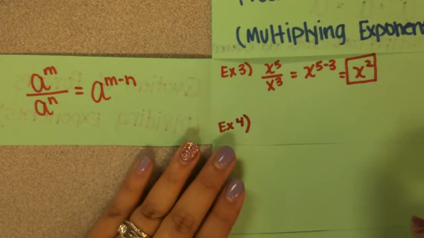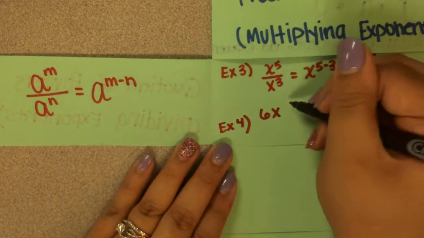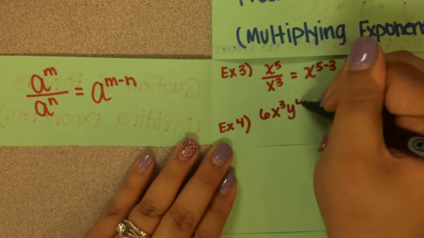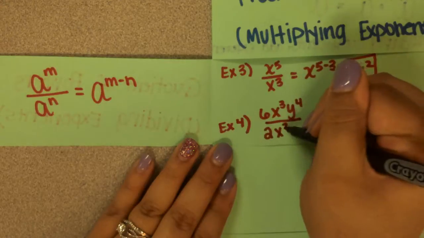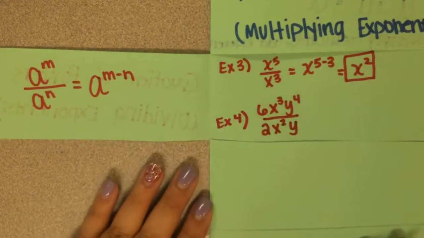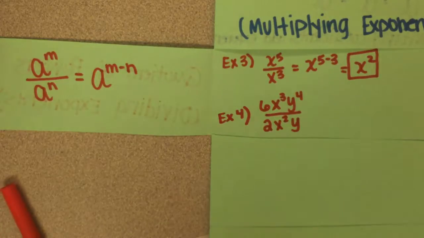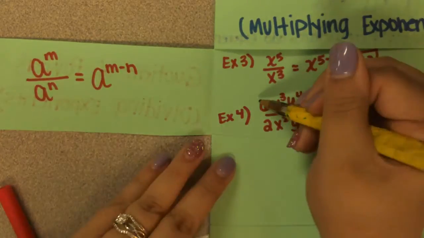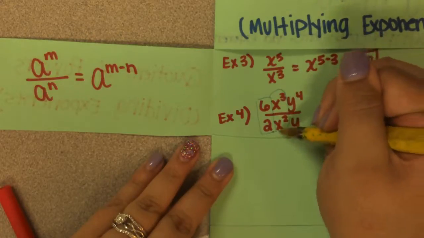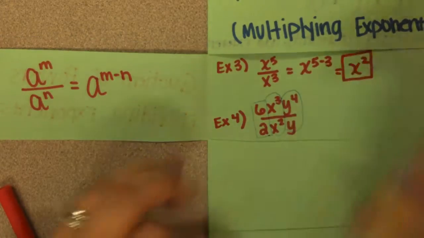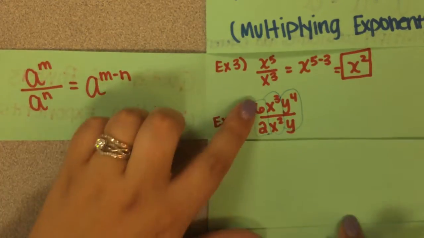Now, again, we're going to add in some coefficients. Let's say I have 6x cubed y to the 4 over 2x squared y. What do I have to do first? I have to handle these each individually because we have to do like bases. So, what is 6 divided by 2?